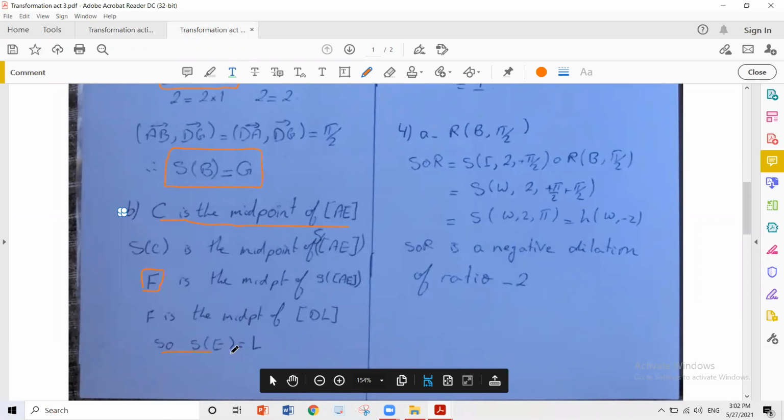So S of E equals L. Similitude conserves the midpoint. C is the midpoint of AE, so S of C is the midpoint of S of AE. S of C is F, given, and F is the midpoint of DL. The image of A is D, so the image of E will be L. So S of E equals L.